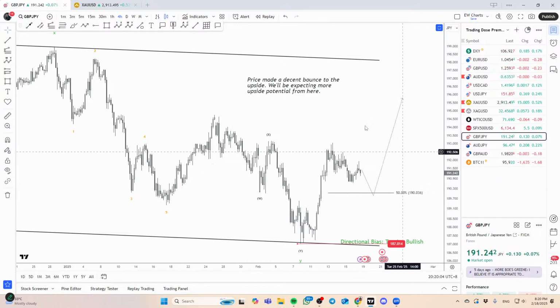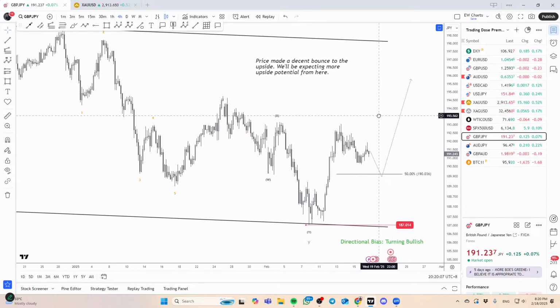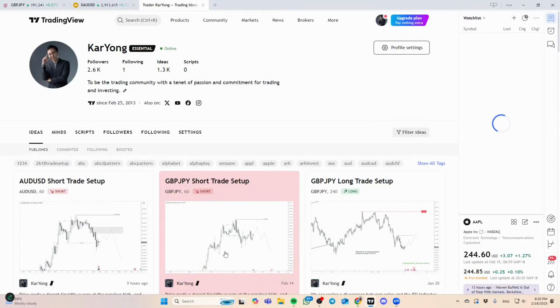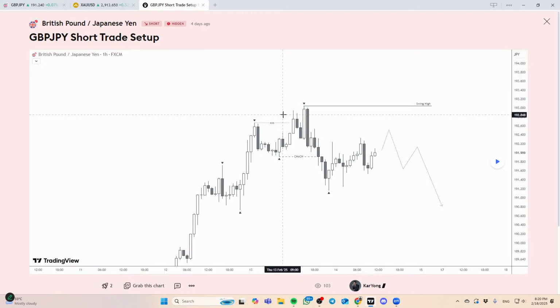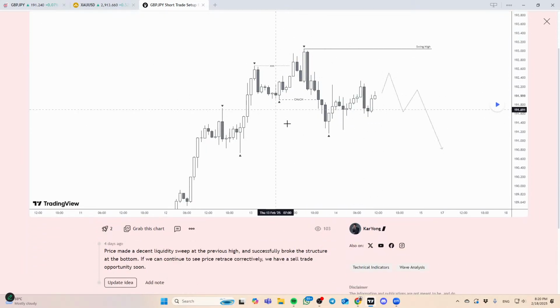Then we have the pound yen. This is a trade that we managed to take last Friday. It triggered last Friday and then hit the target this Monday. Let me very quickly show you. This is a very classic setup, where we have the liquidity swept, the market came back down, we have the change of character, a break of this swing low, and then the market pulled back correctively.